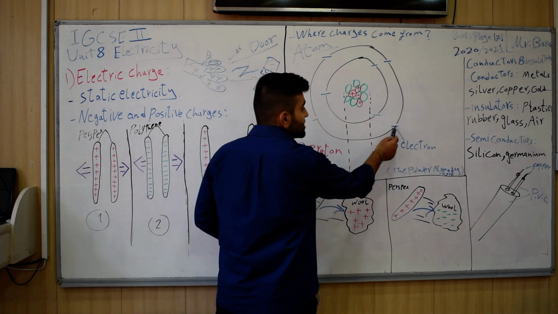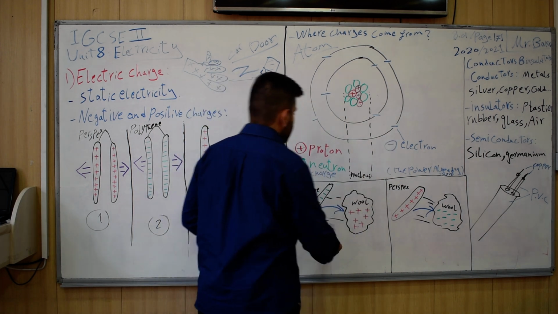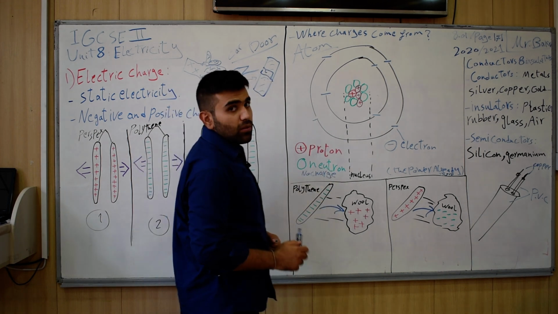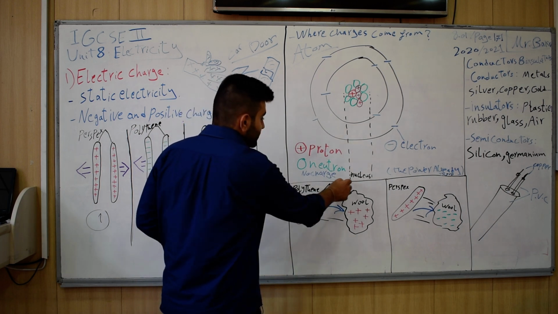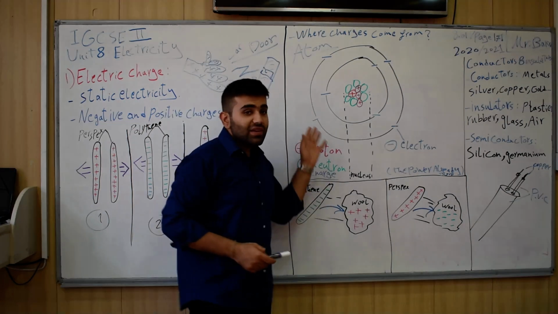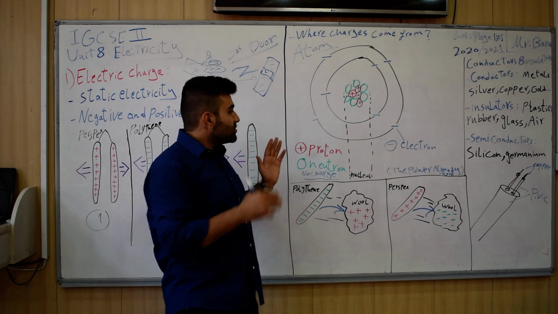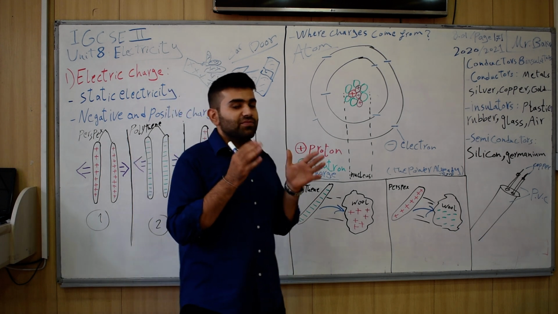Usually the electron has a negative charge. The proton has a positive charge, and the neutron has no charge. So usually the atom has the same amount of protons and electrons.